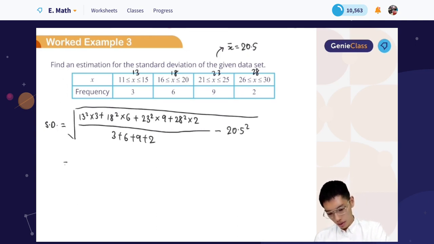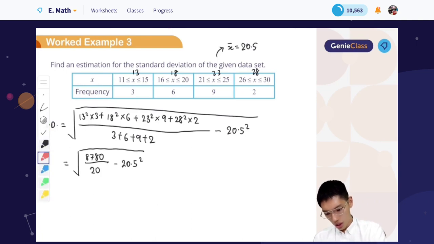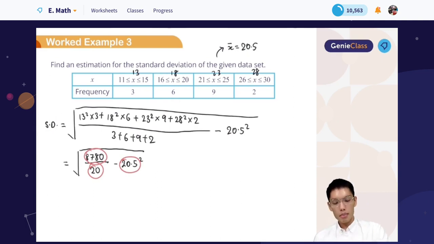Again, you don't have to write this. The more important thing to write is my three values over here, which is in this case 878 over 20 minus 20.5. Again, the three values they want to see is actually this one, and this one over here. Simplifying it further, I'm going to get 4.3301, 3SF 4.33.